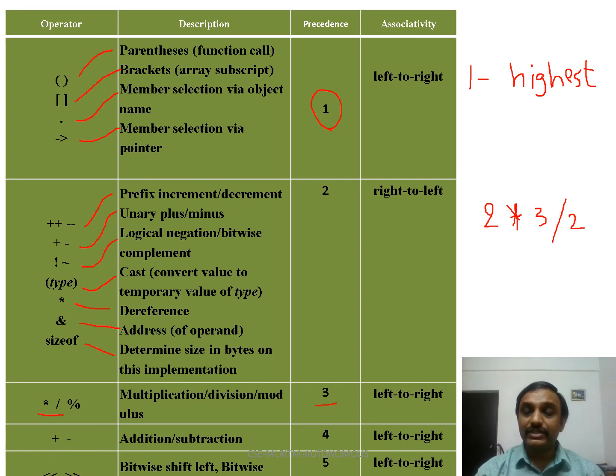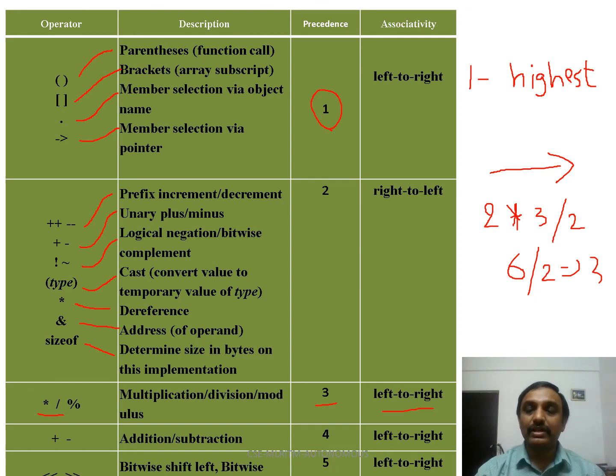So if same precedence you observe in an expression, then we have to go for the associativity. So what is the associativity? Left to right associativity. So we have to evaluate operators in the expression from left to right. So what is the first one on the left? Multiplication is present. So 2 multiplied by 3 is 6, divided by 2, whose value becomes 3. So like that we can use precedence and associativity.